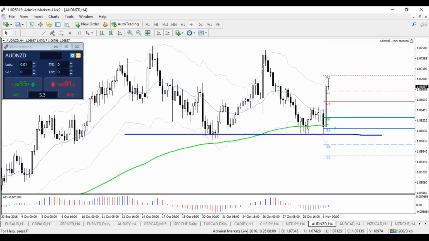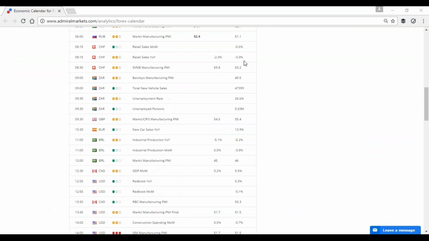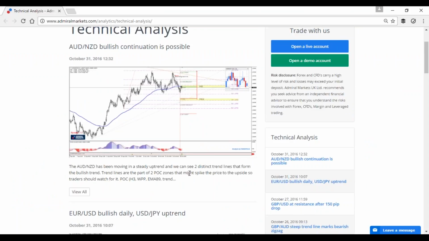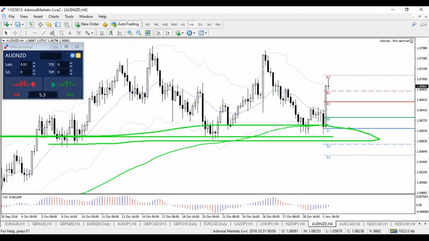I think Nenet, if my memory serves me correctly, talked about that in his analysis yesterday: Aussie New Zealand bullish continuation is possible. Yes, there you have it. He talked about that too, and me too, of course, last week. So this was a good bounce.